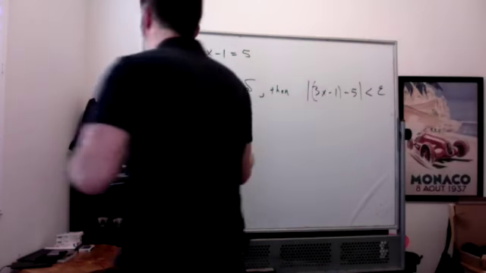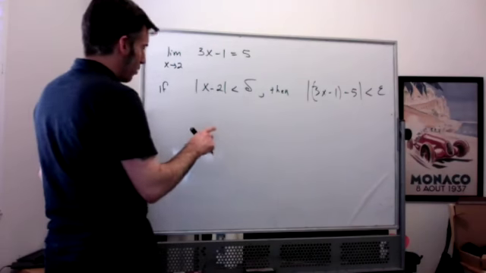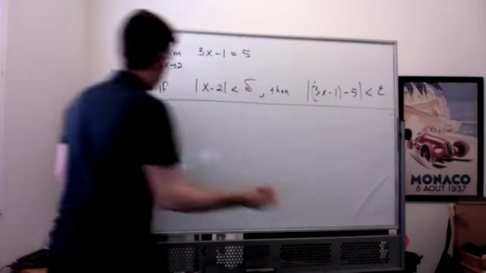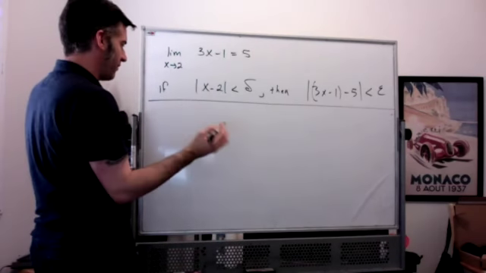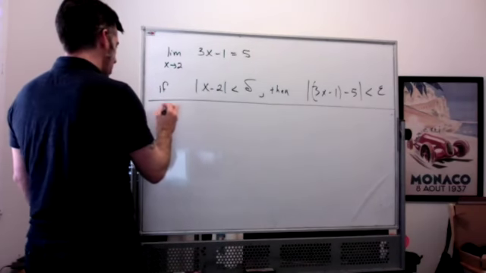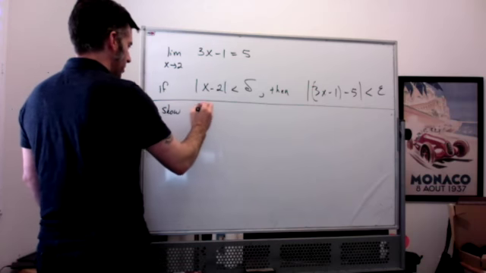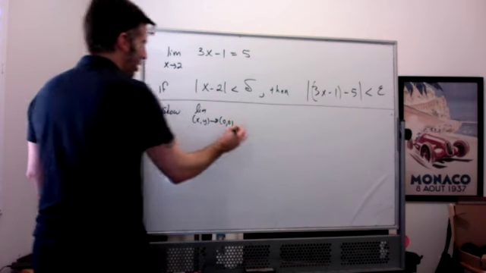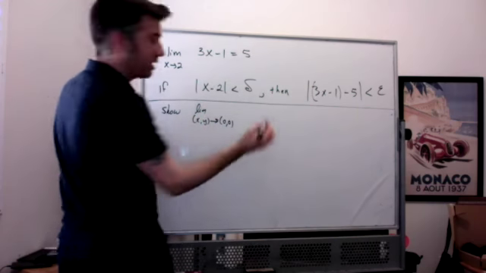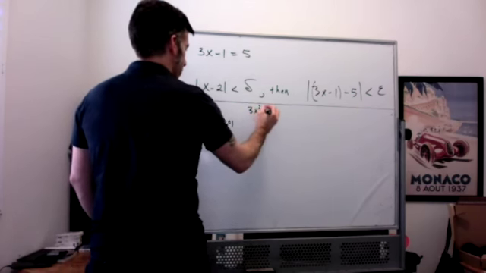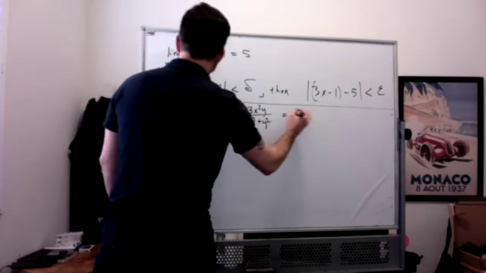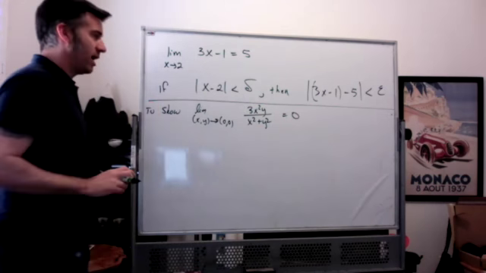What we're trying to say in these multivariable situations is to show that the limit as x, y approaches 0, 0 of 3x squared y over x squared plus y squared is equal to 0. To show this, we have to do the same thing.